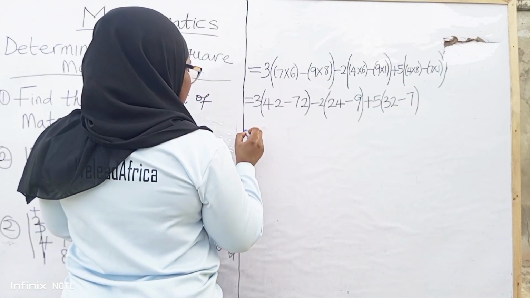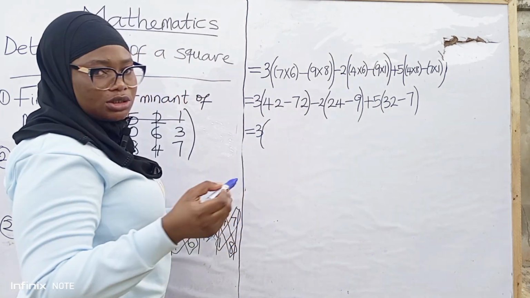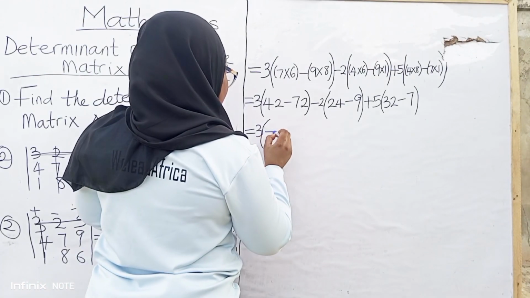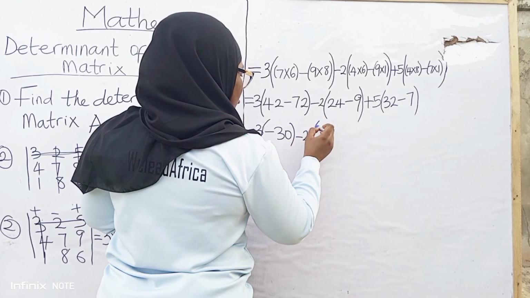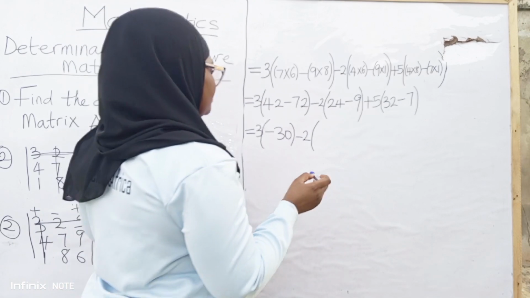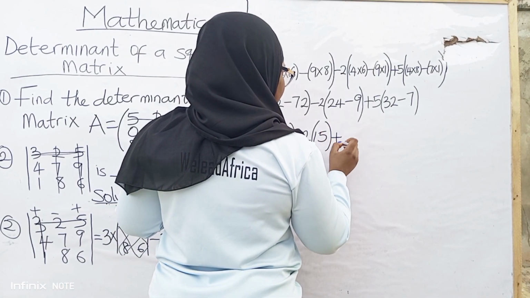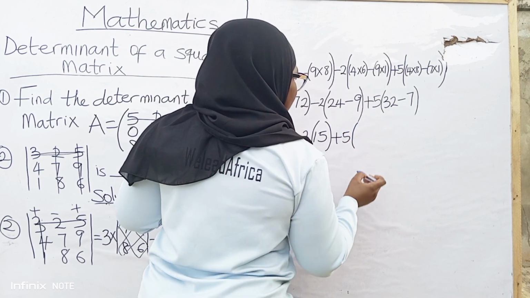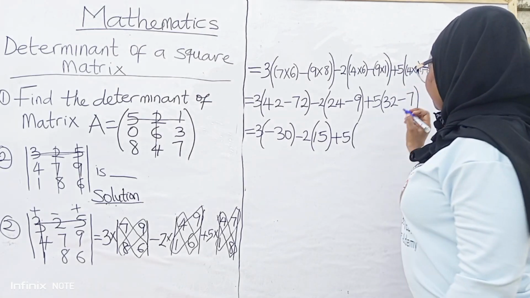So is equal to 3 times, 42 minus 72 is minus 30. Minus 2 multiplied by 24 minus 9, that is 15. And plus 5, 32 minus 7, that is 25.